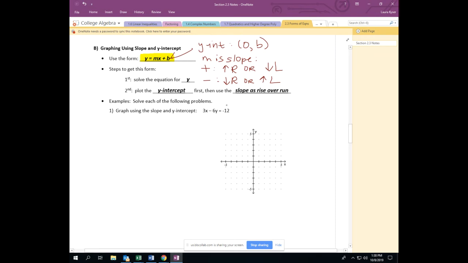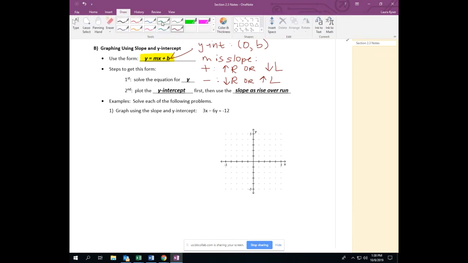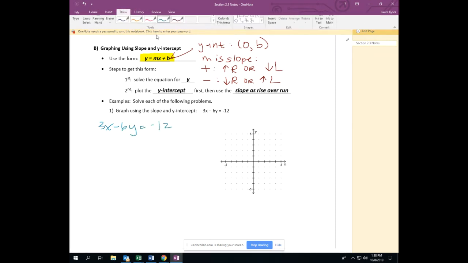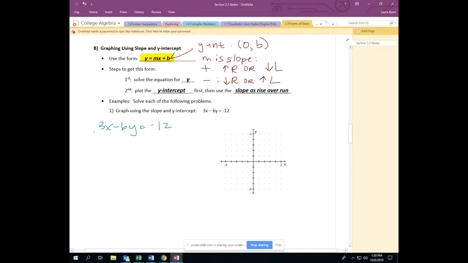So let's take a look at this equation so we can see what this looks like. First thing I want to do is isolate my y so that I can get it in the correct form. So there's a couple different things that we're going to have to do. I'm just going to rewrite it so I have room. First thing we're going to want to do is move the 3x over.